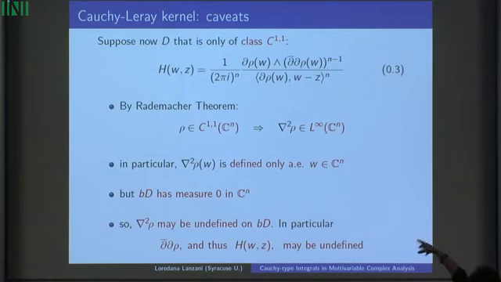This is the Rademacher theorem, or rather one iteration of it. So in particular, the second derivatives are defined only almost everywhere. But the topological boundary of your domain, which is where you're computing the second derivatives, has 0 measure. So in principle, the numerator could be undefined on the boundary.